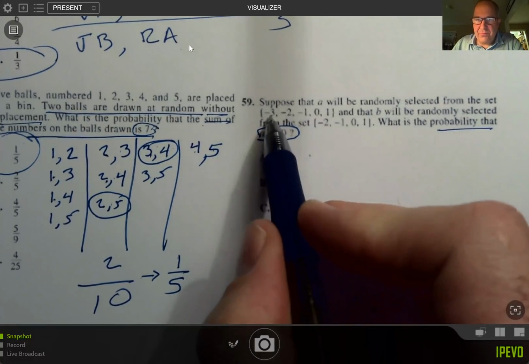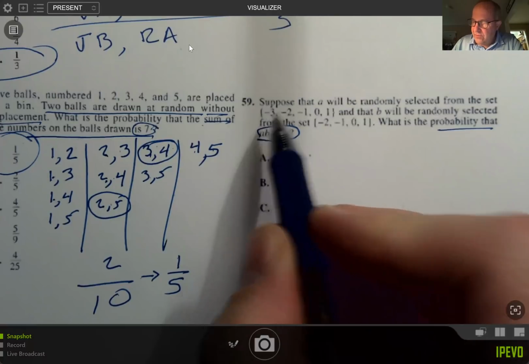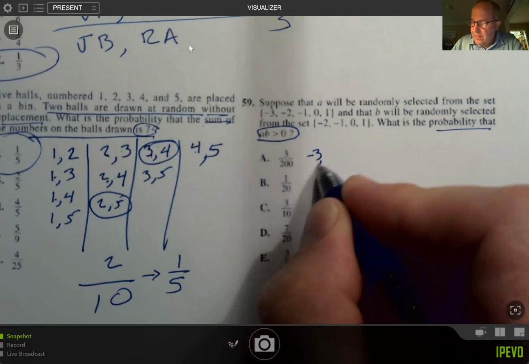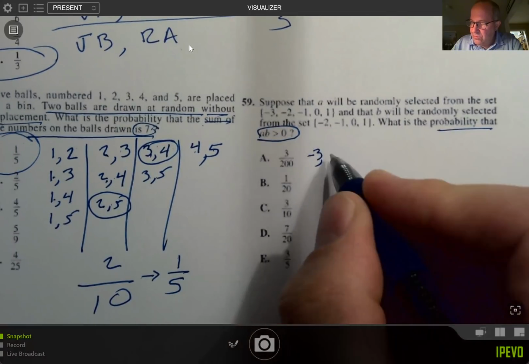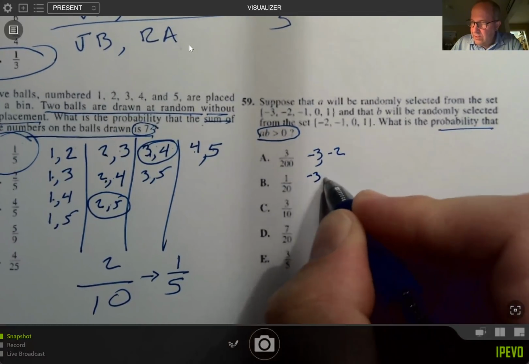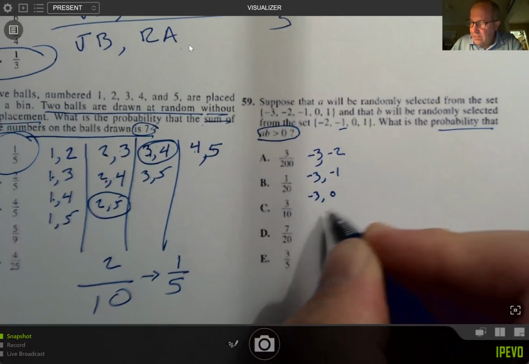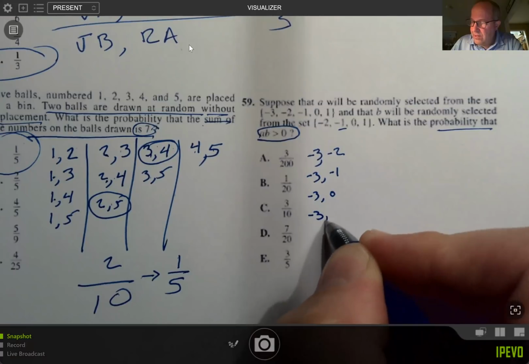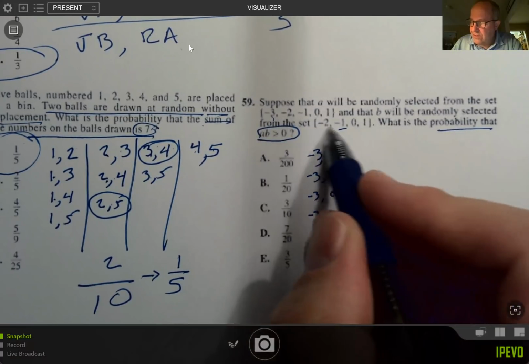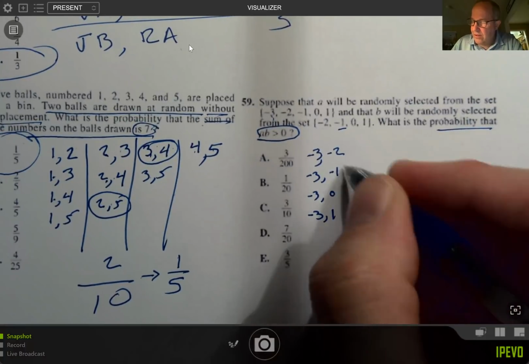So like we could have number 3 picked first, and then it would be paired with number 2. I could pick number 3 and then be paired with -1. See what I'm doing? I'm just kind of pairing up the first number, -3 from that list, with everything in this list. And there they all are.